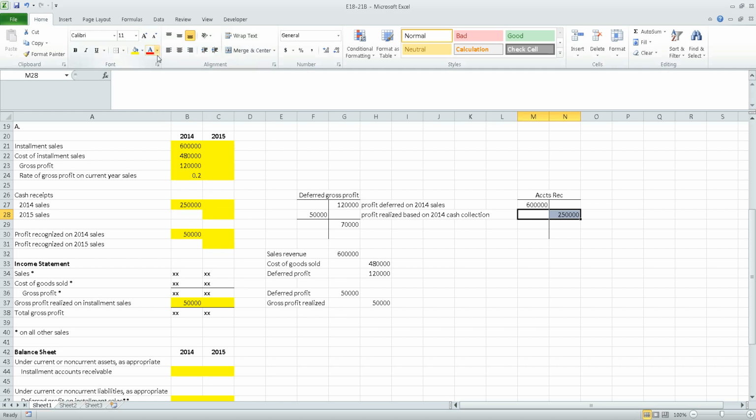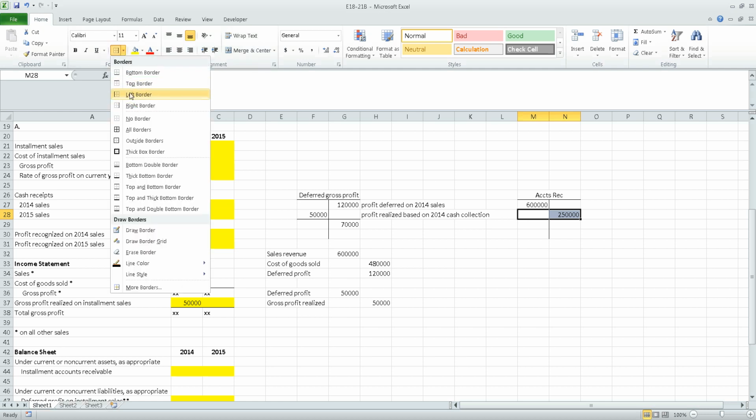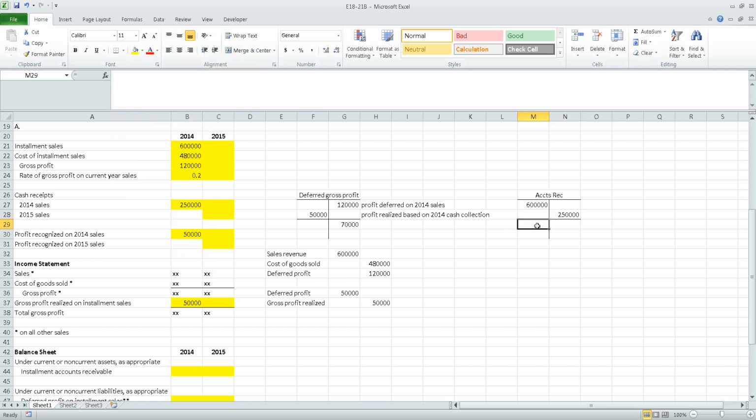So at the end of the first year, our balance in accounts receivable was the original debit to accounts receivable minus the credit representing cash collections, or $350,000. That is going to show up on our balance sheet as installment accounts receivable. We're just going to report the balance in that account.